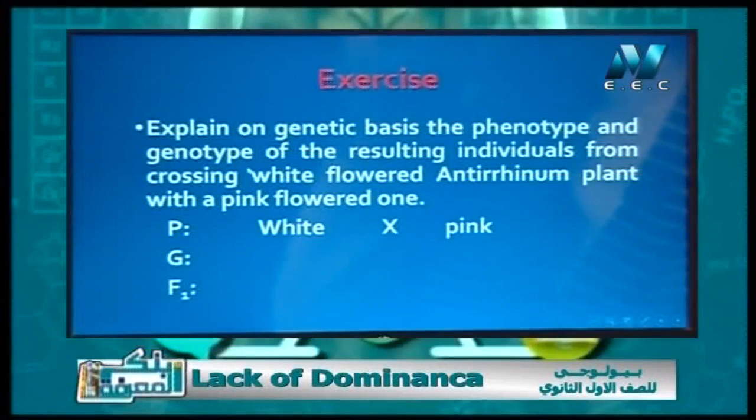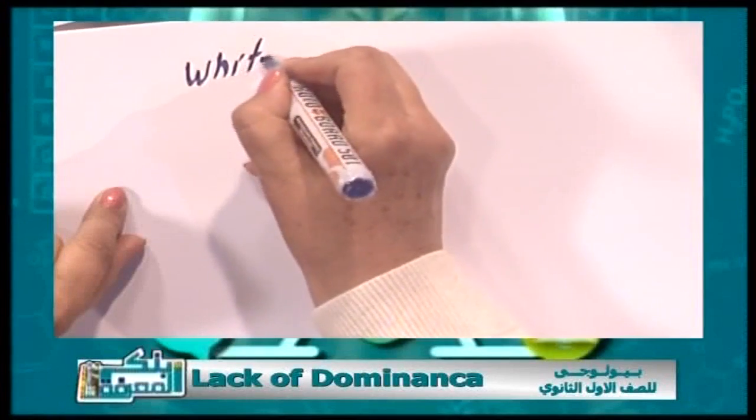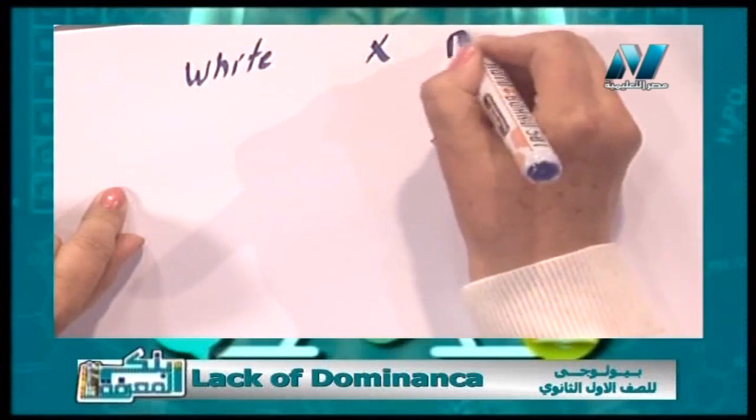Let's have an exercise. In this exercise, we can examine our understanding by carrying out the crossing between 2 individuals, a white flowered plant with a pink flowered plant. So white with pink.